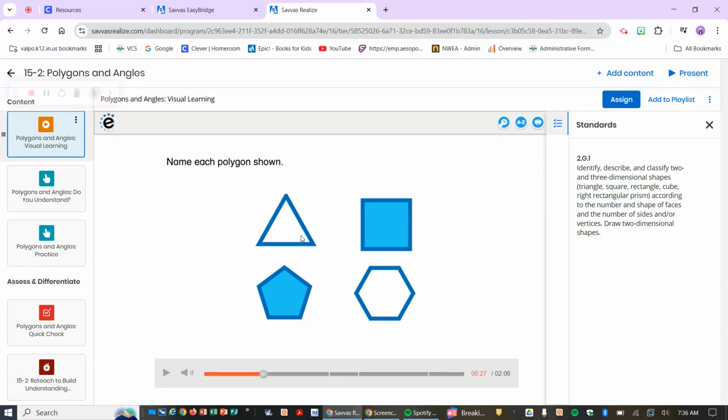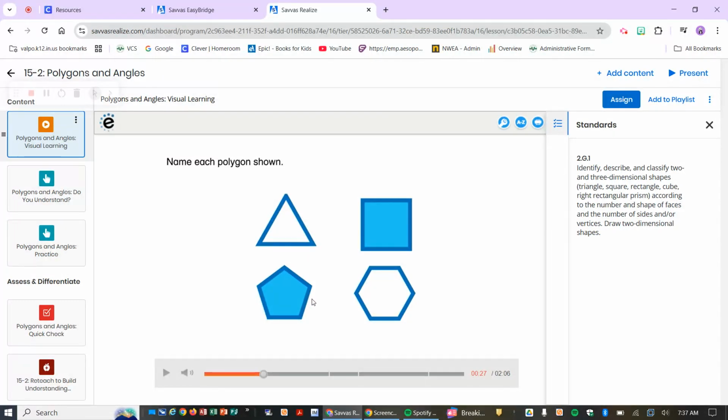If it has 3 sides and 3 vertices or corners, it is a triangle. 4 sides or 4 vertices and angles, this one is a square, but it is also a quadrilateral. Remember, quadrilateral, quad means 4, lateral means sides. So any shape with 4 sides can be called a quadrilateral.